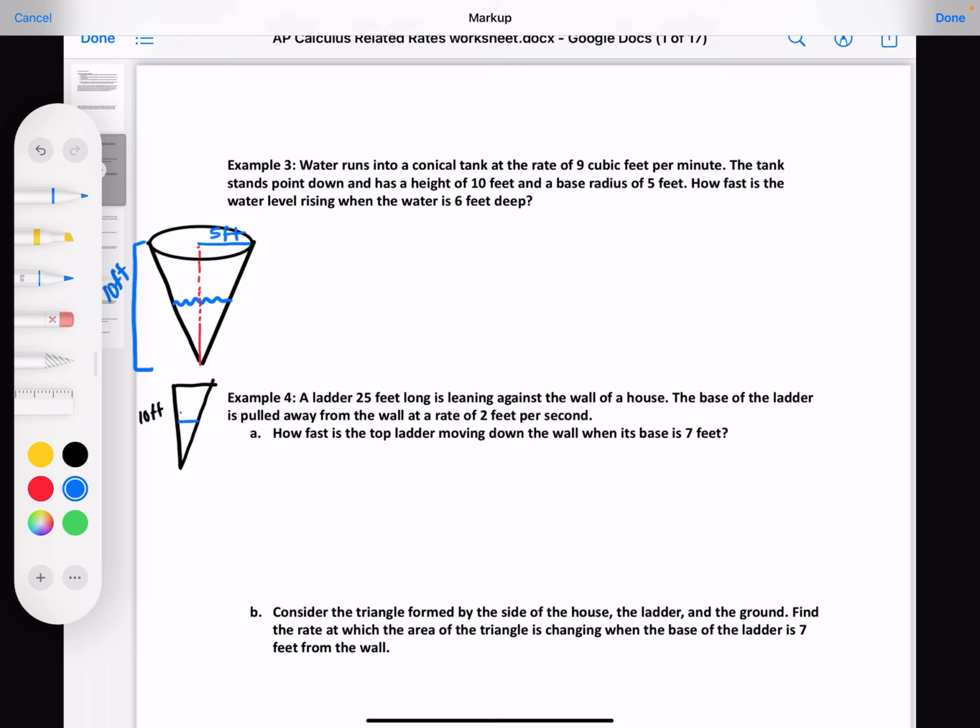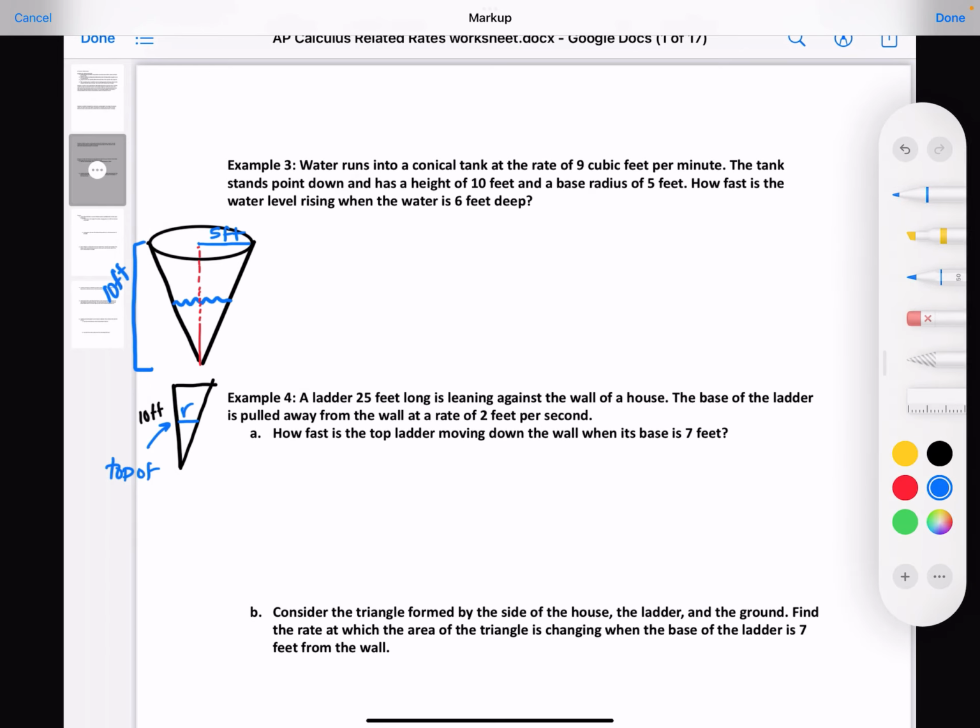We have an R value here, which is where the top of the water is, and up here is the top of the tank.